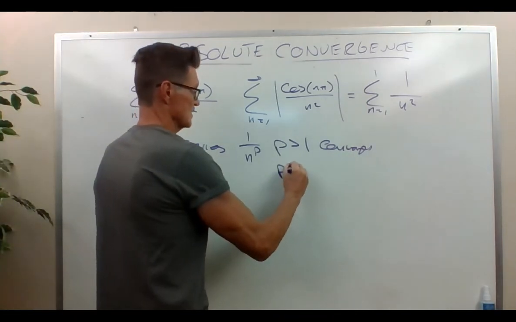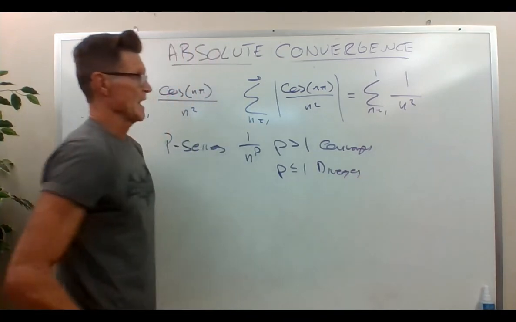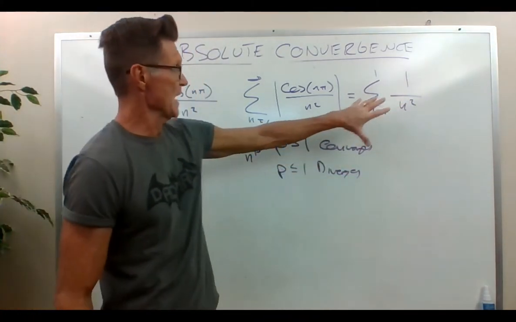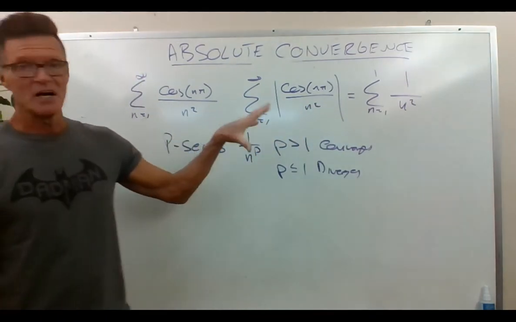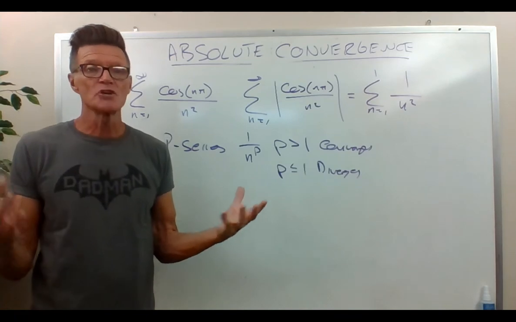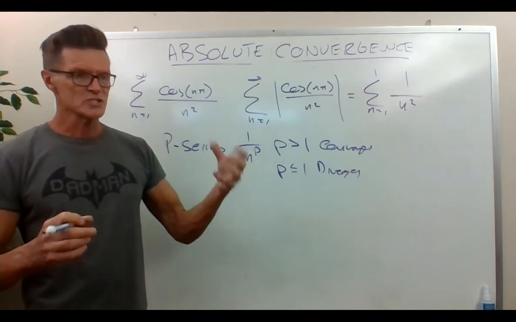When p is less than or equal to 1, it diverges. And so p here is 2. That means that the absolute value of this series converges, which means it converges absolutely. If you go back to that little chart, we just did the first part.